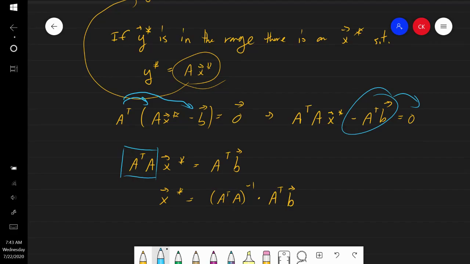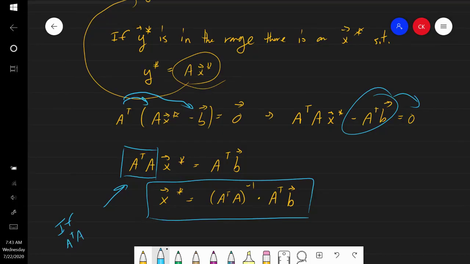And this becomes one of our generic formulas for finding that least squares solution. But again, what that is predicated on is the fact that this is invertible. So if A transpose A, the result of that matrix, is invertible, then we can solve it this way.